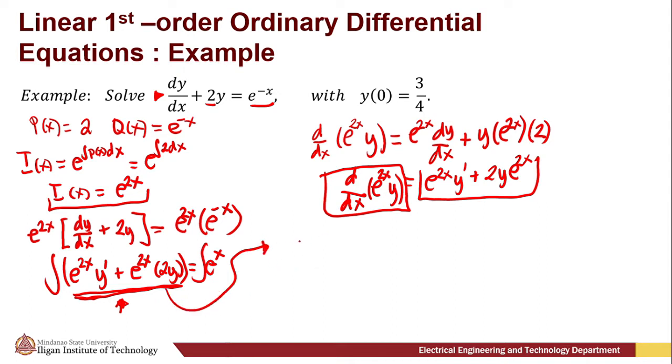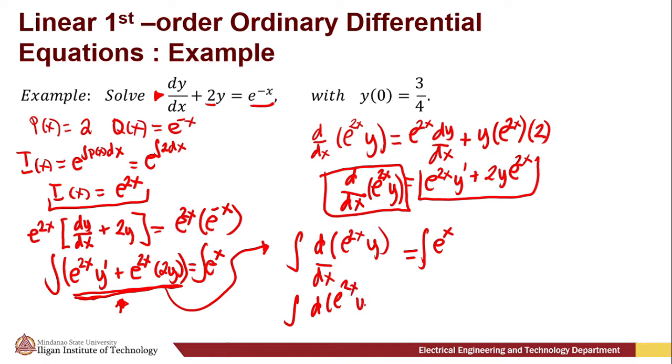This becomes the integral of the derivative of e raised to 2x times y with respect to x equals the integral of e raised to x. We multiply dx to the right-hand side, so we get the integral of d of e raised to 2x y equals the integral of e raised to x dx.